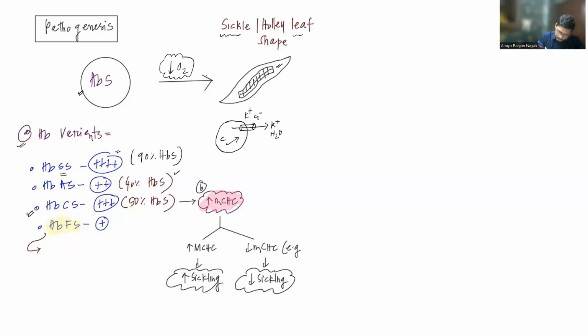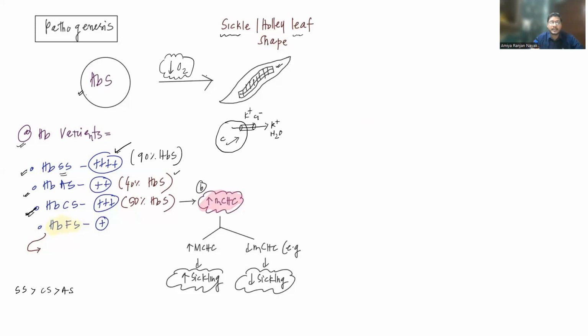Okay, so hemoglobin SS will have the maximum risk, followed by hemoglobin CS, and followed by hemoglobin AS. I hope it is clear. So maximum sickling risk is with SS, followed by CS, followed by AS.